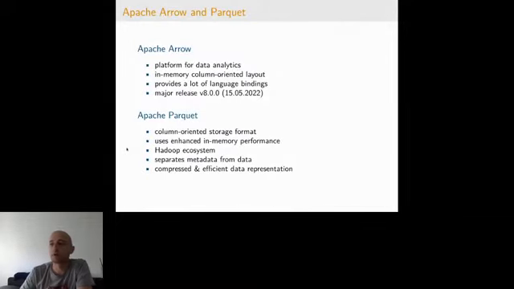So what is Apache Arrow and Parquet? Apache Arrow is a cross-language development platform for data analytics, for handling flat and hierarchical in-memory data, and is organized for efficient analytical operations on modern hardware.